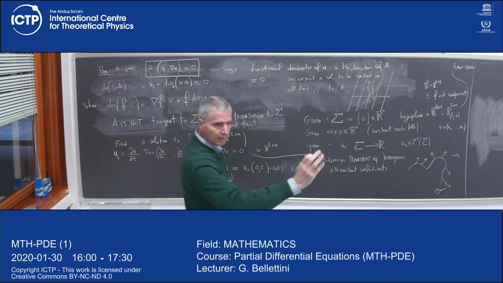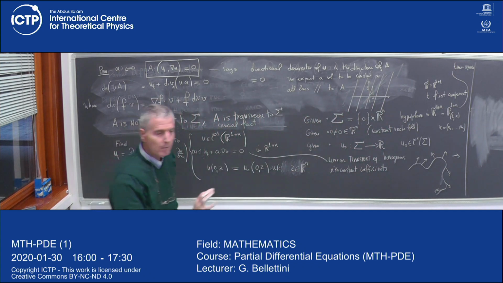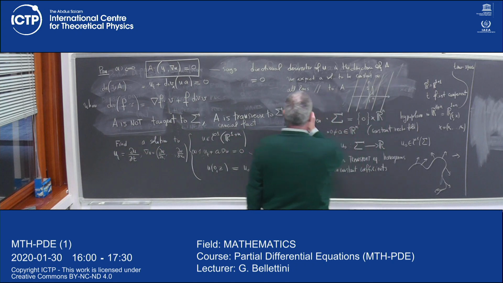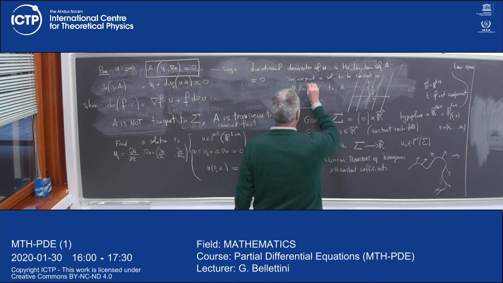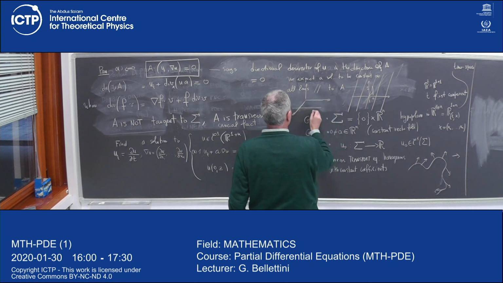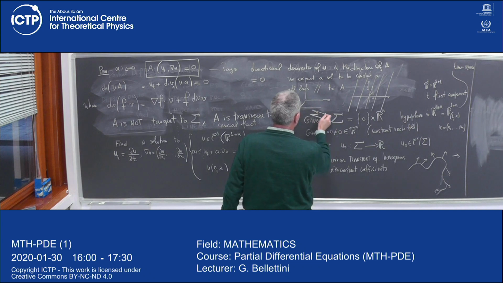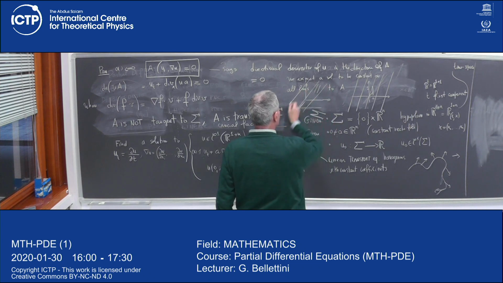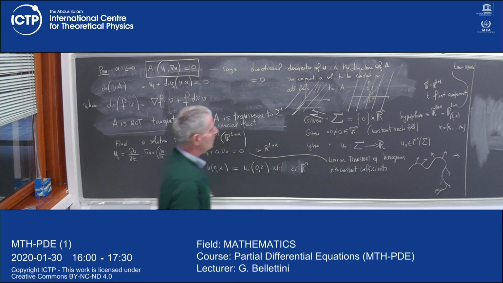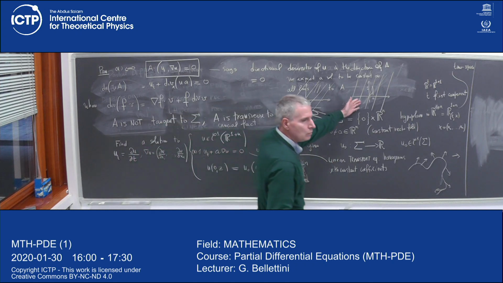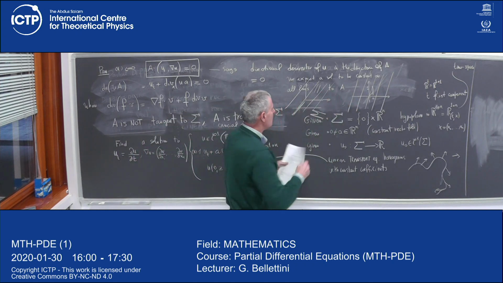So I take all these lines, and u must be constant here, right? This is sigma, capital A in R3, that is in R2, this is in R3, etc. This is time.